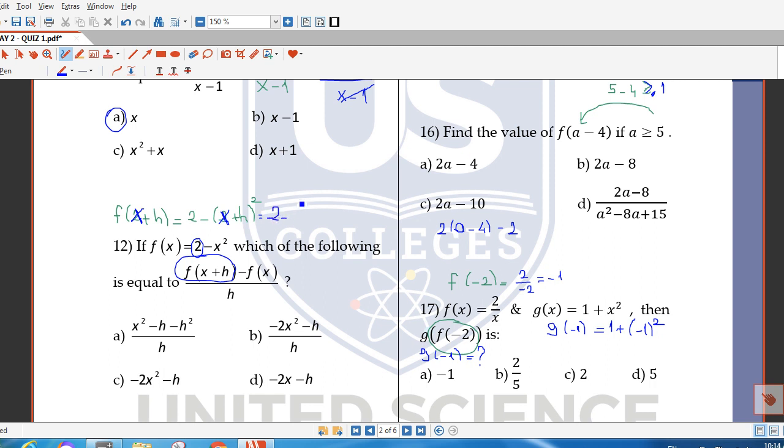2 minus, keep your expression inside of a parenthesis, x squared plus 2xh plus h squared. Now I can remove the minus sign. I can open the parenthesis. 2 minus x to the power of 2 minus 2xh minus h squared. All the terms are different than each other.